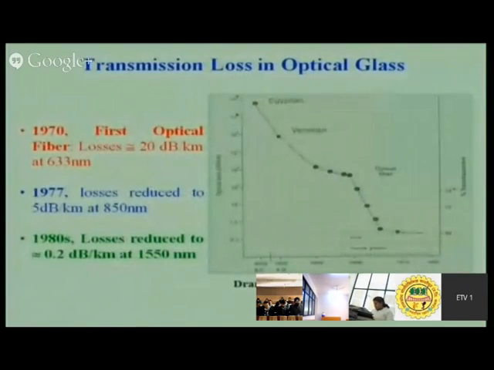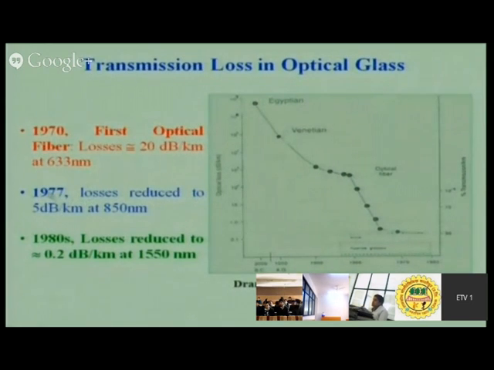These are the transmission losses in the optical fiber, fiber glass. The development of optical fiber started in 1966, and within a small span of time, the losses have been reduced from say 100 dB to 0.1 dB. So in a very small span of 10 to 15 years, the losses have been reduced. Initially the losses were around 20 dB per kilometer.